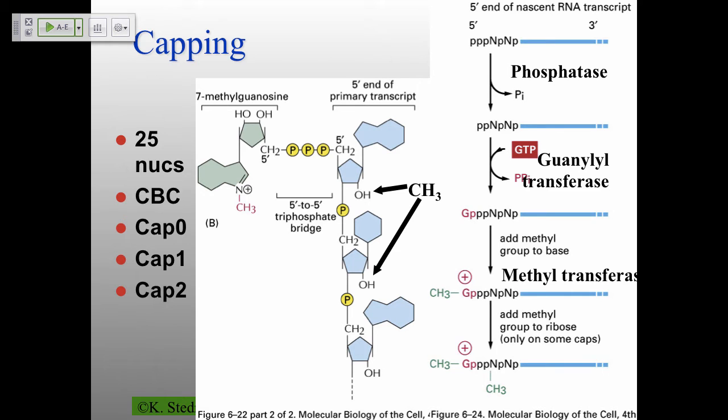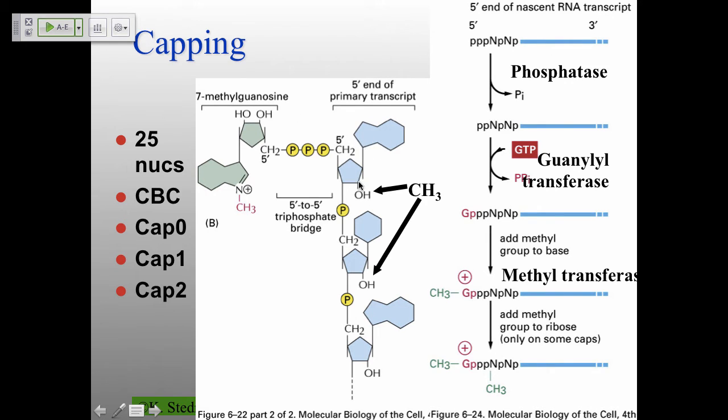Take one off, and then you have one of my favorite impossible-to-name enzymes, the guanylyl transferase, which takes a GTP and, through our normal hydrolysis process, gets rid of the pyrophosphate. That pyrophosphate gets broken down into individual phosphates, and this, which started as a GTP, is now a GMP at the 5' end. So now you've got guanine, 3 phosphates, and then whatever the first nucleotide is, this would be your +1 of your transcript.